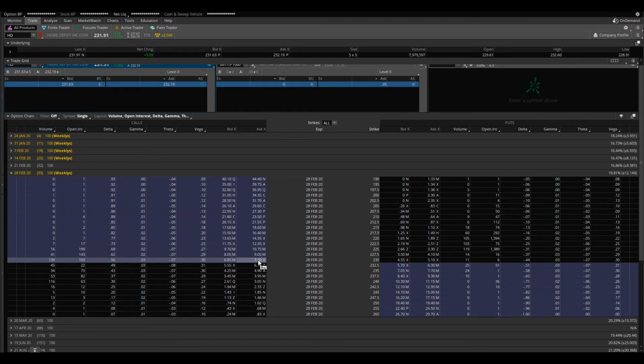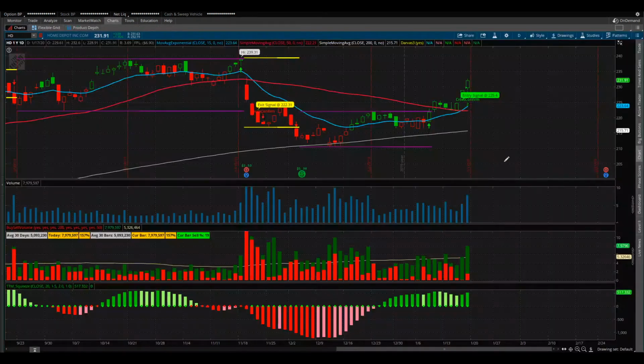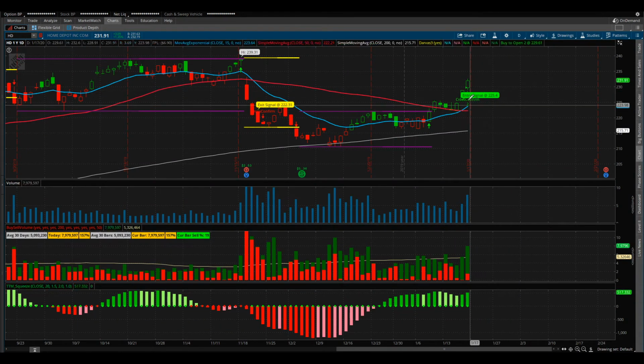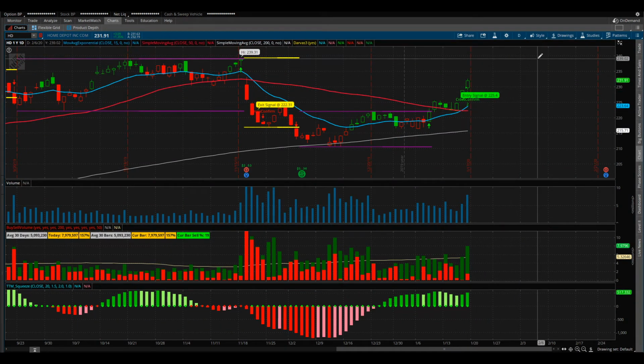That's if Home Depot flattens out and kind of accumulates for a little bit and doesn't move up. You're not going to make profit on this unless it's at 238. So want to be careful with that, but that is a way you can see it is in a nice uptrend. So obviously that's why the volatility has increased a little bit.